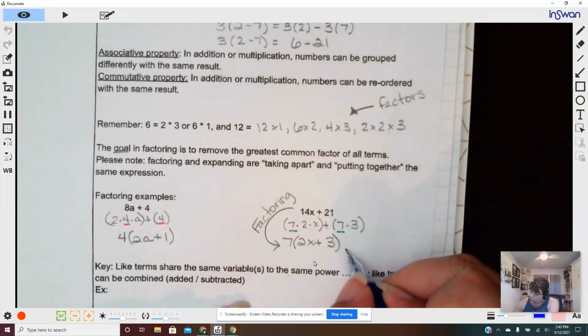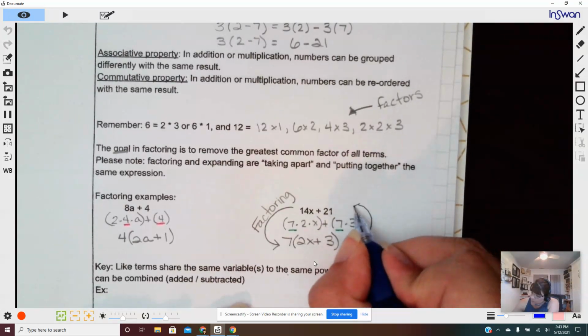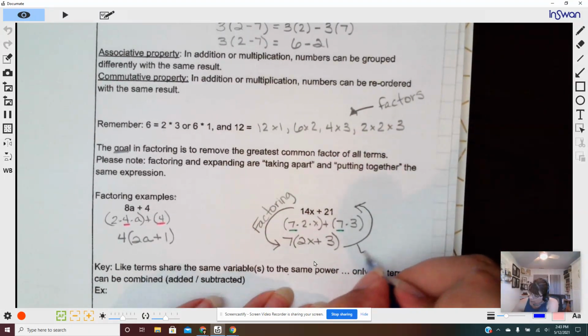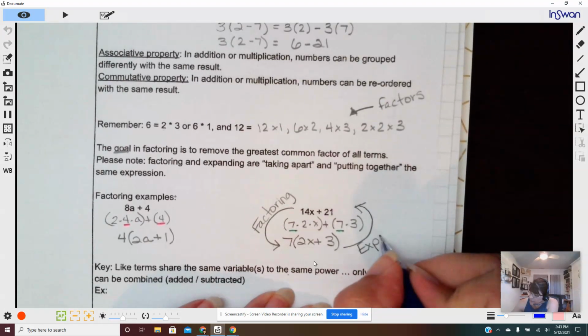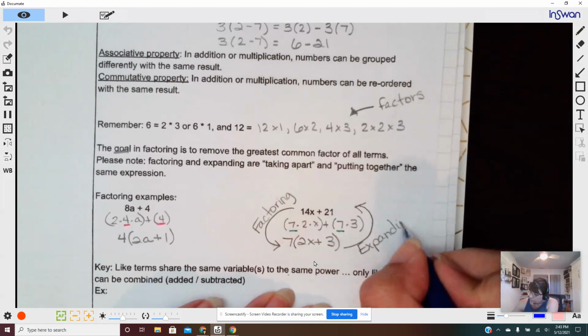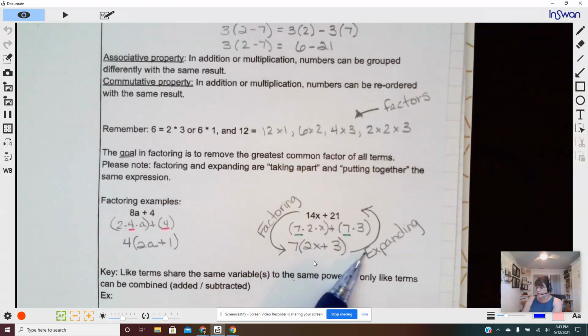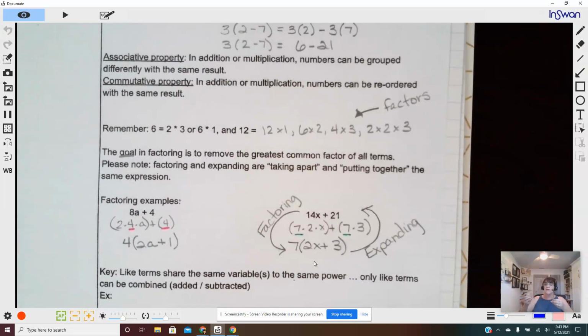Factoring and expanding, you're using the same skills. You're just rearranging an expression in a way that works for you. This is a tool you will use for many, many years.